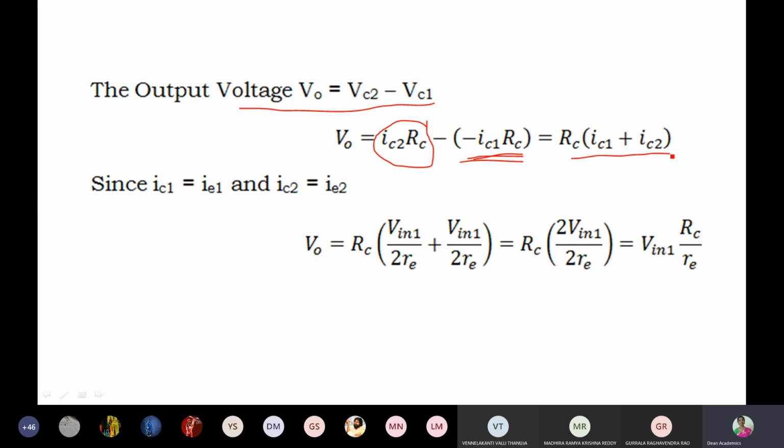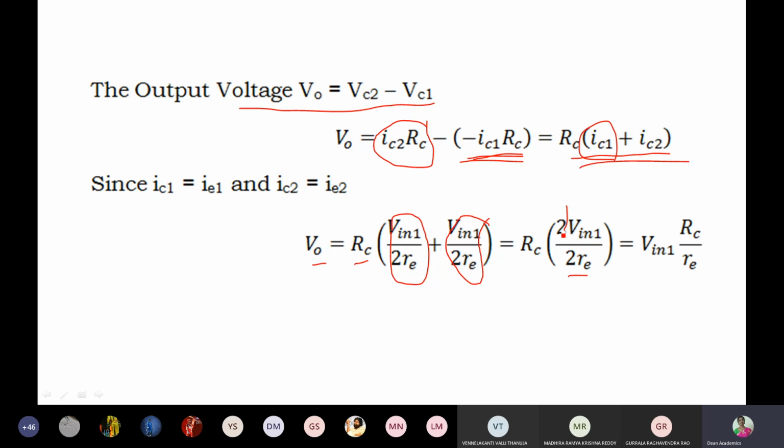Now finally what we get is RC into IC1 plus IC2. IC1 is equal to IE1 and IC2 is equal to IE2. Therefore, in place of this we write the IE1 and IE2 expressions. So V0 is RC into IE1 plus IE2, and both are the same: V in by 2RE, which we have just derived, plus V in by 2RE. So 2RE common, and 2 times V in 1 gives V in 1.